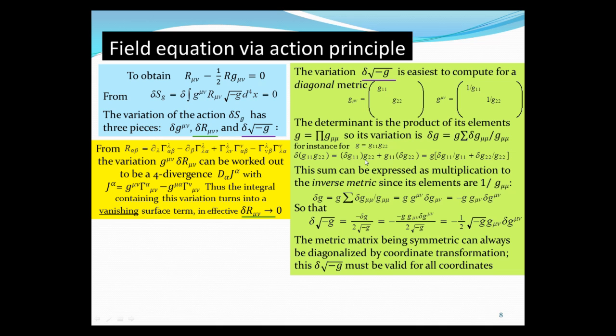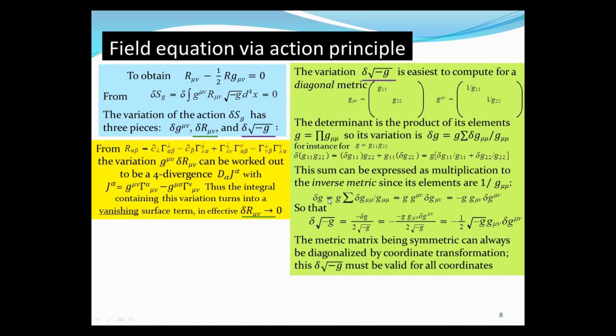You vary one holding the other fixed, and then multiply by g11 divided by g11, which becomes the determinant again. So that's this.